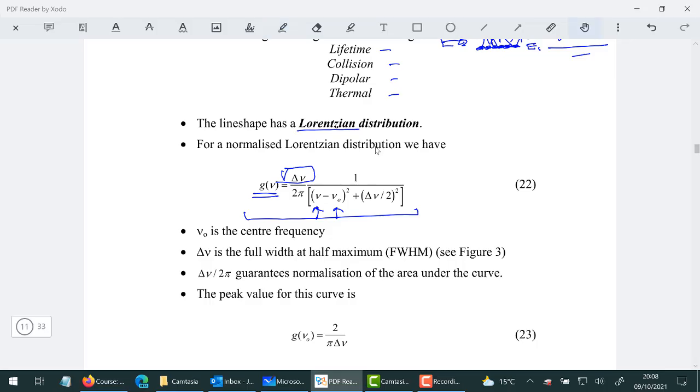Delta nu is the full width at half maximum, and you'll see that in some textbooks as FWHM. The factor delta nu over 2 pi guarantees that the area under that curve equals 1. So if we integrate g of nu over all frequencies, that should be equal to 1.